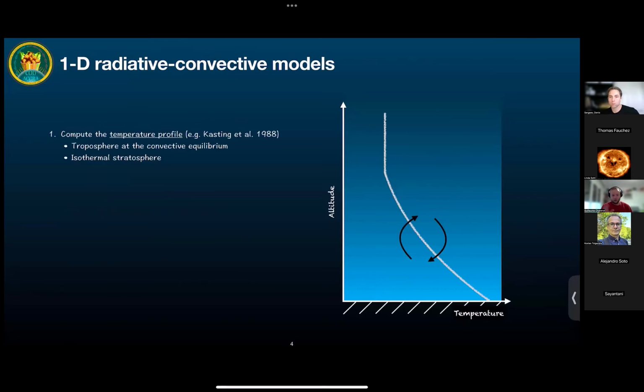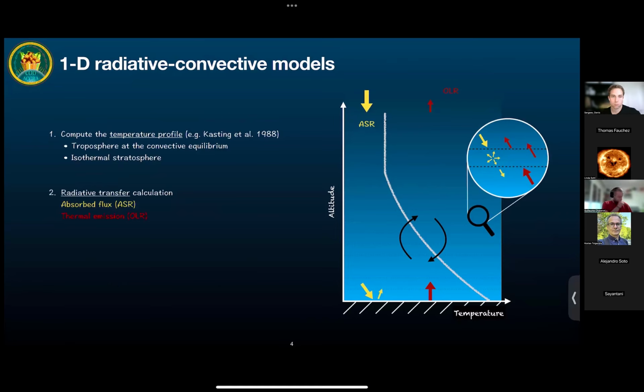So first of all, we need a temperature profile. We can compute this using different equations, assuming that the troposphere is at convective equilibrium, and usually we have an isothermal stratosphere. By knowing this, we can compute the radiative transfer in the atmosphere, the thermal emission of the atmosphere, but also the flux which is absorbed by the atmosphere, accounting for Rayleigh scattering, for example.